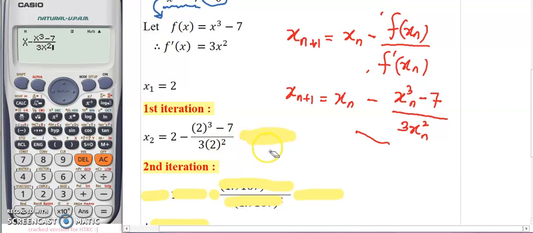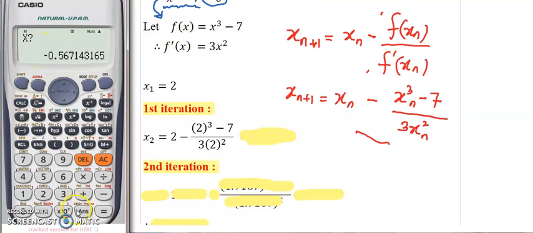What is the corresponding value after we perform these calculations? We can get the answer from the calculator: after you insert this function, we press calculate and insert the value of 2, then equal. This corresponding result, 23 over 12, is the result for x2.